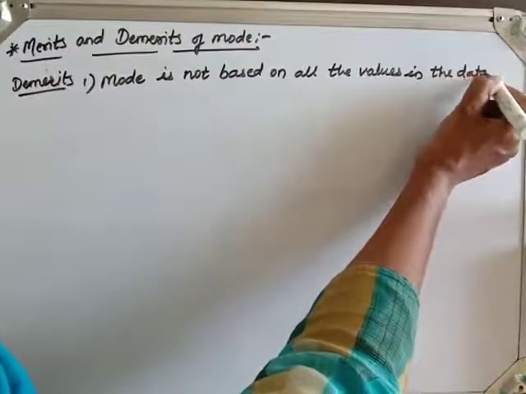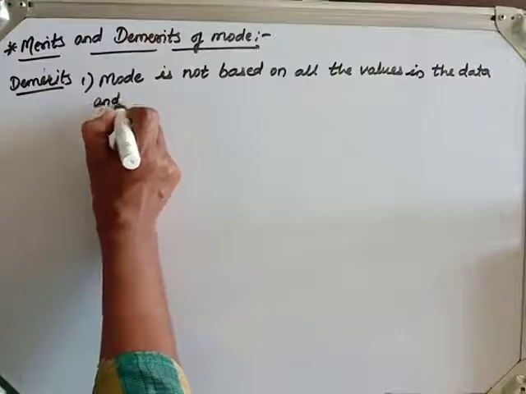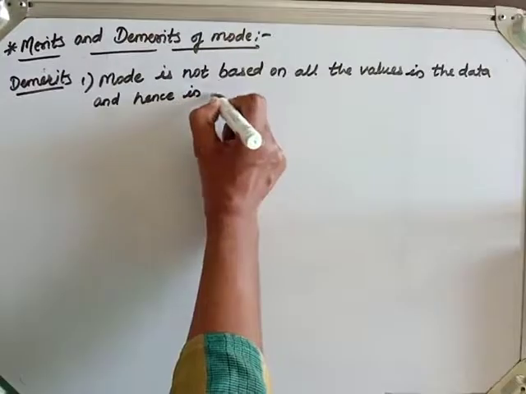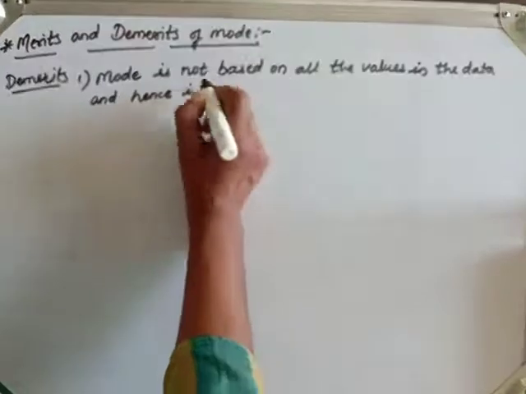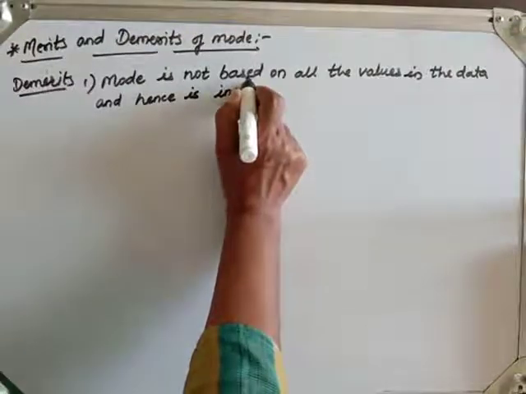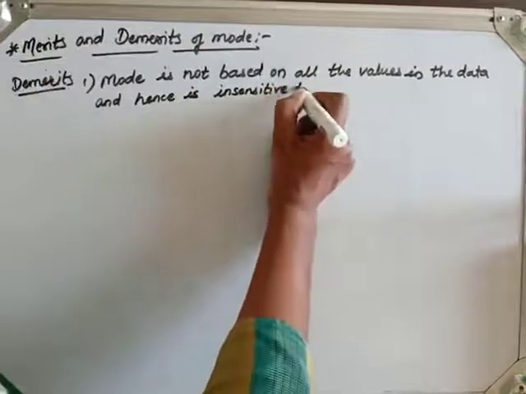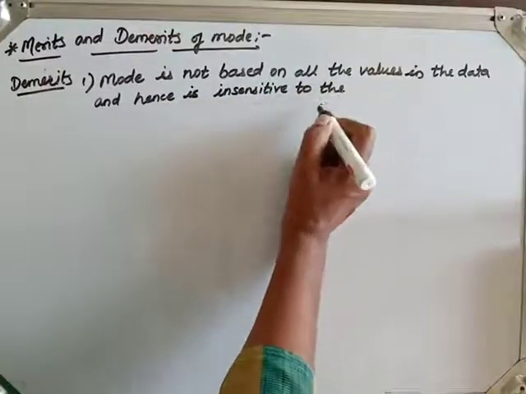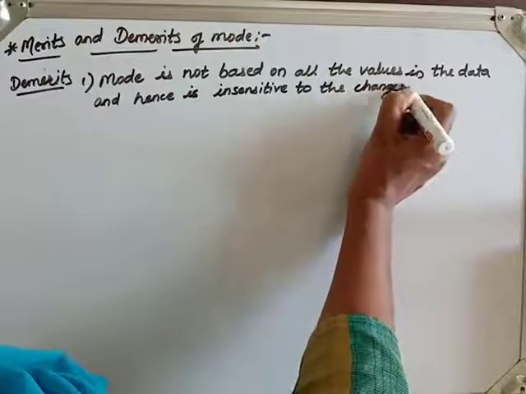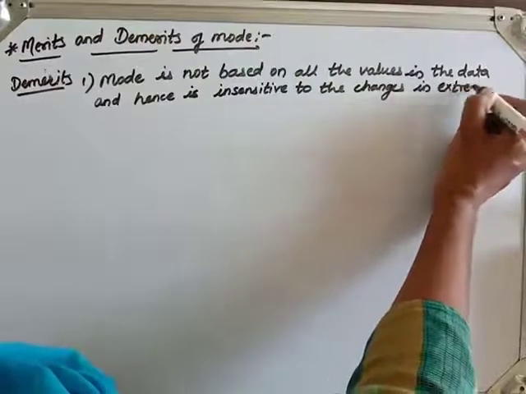While you know arithmetic mean is based on all the values in the data, and hence mode is insensitive to the changes in extreme values in the data. It doesn't change if we change the extreme values in the data. Still it remains the same.